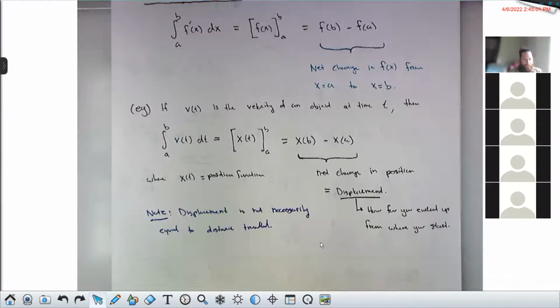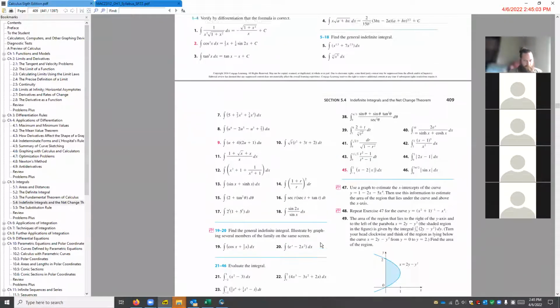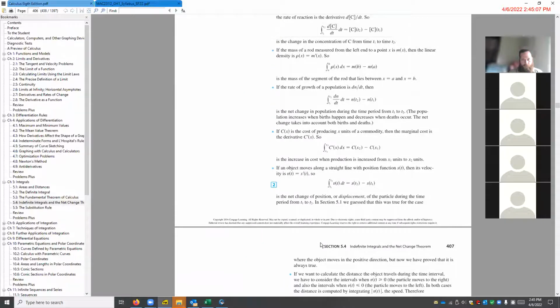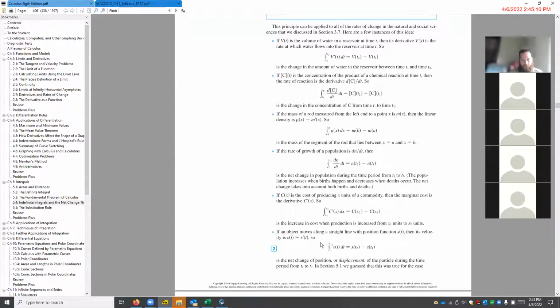Other examples, your book has a few cutesy ones. Related volume, yeah.